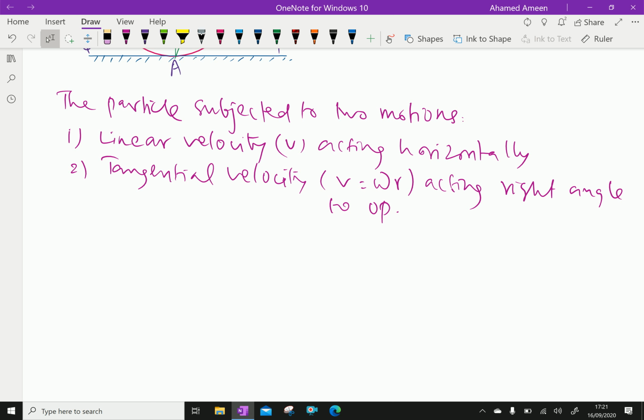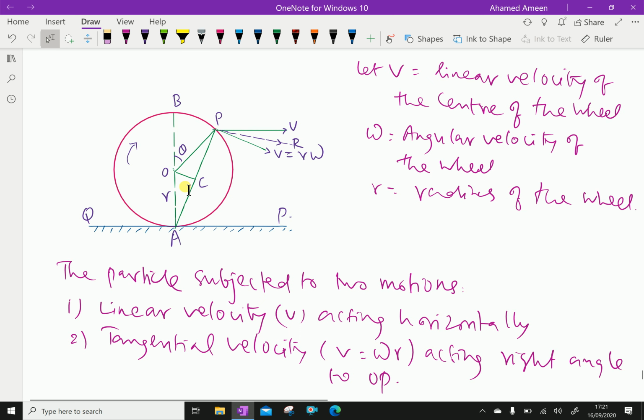Now from the geometry of the figure, in triangle OPA, we know that the angle between these two velocities is equal to theta.